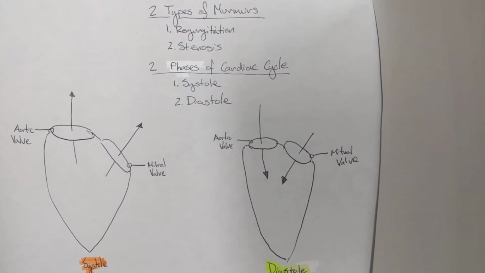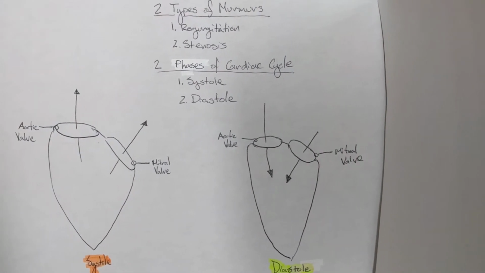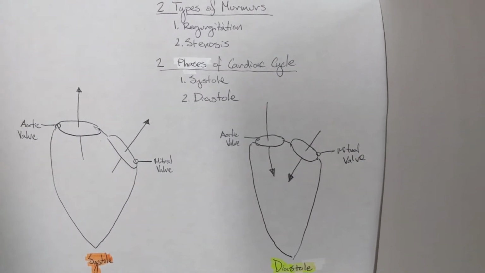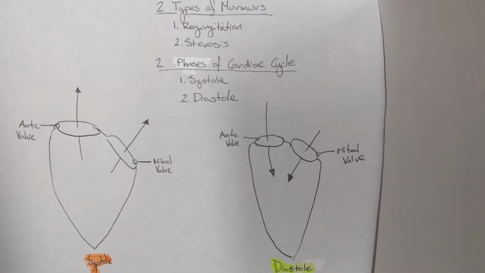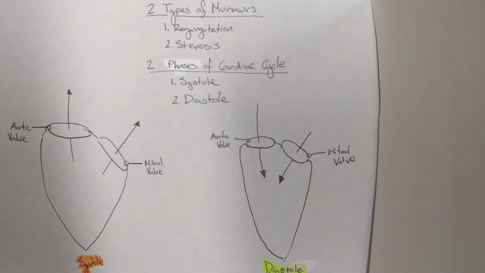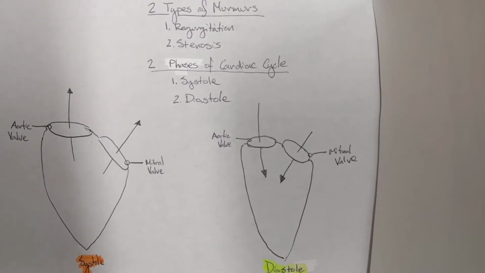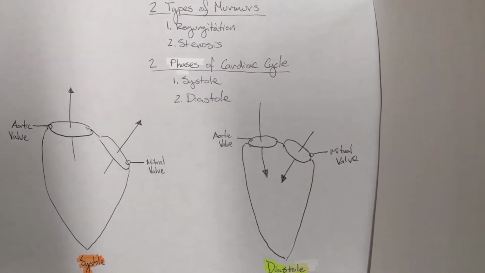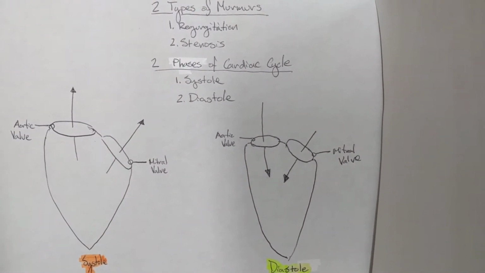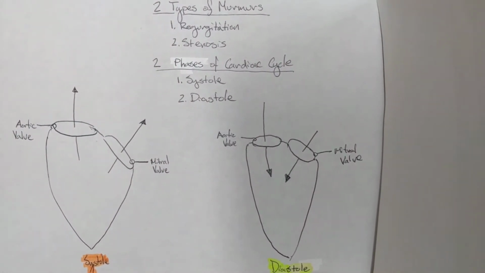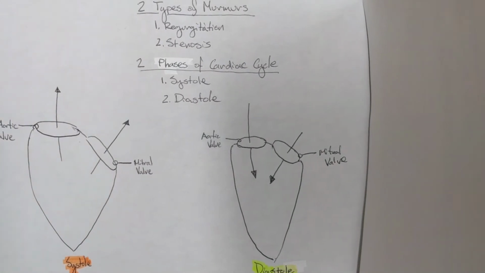And you can also see it with Marfan syndrome. The treatment for mitral valve regurgitation is most likely going to be a valve replacement or a fix of the mitral valve.